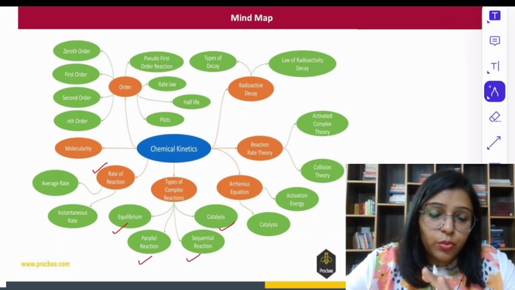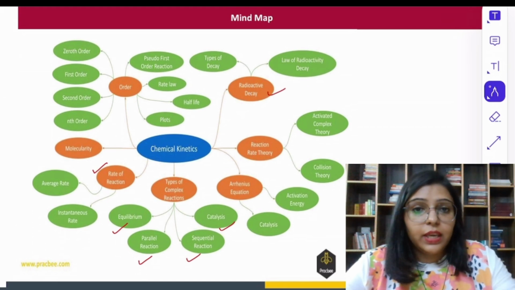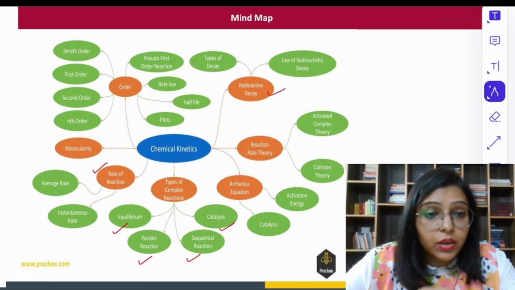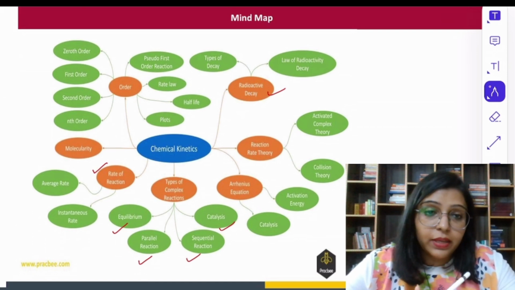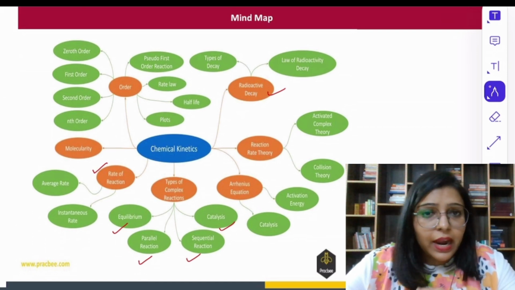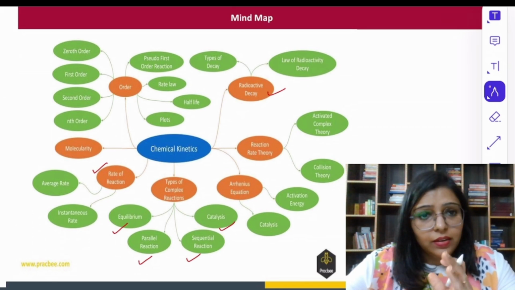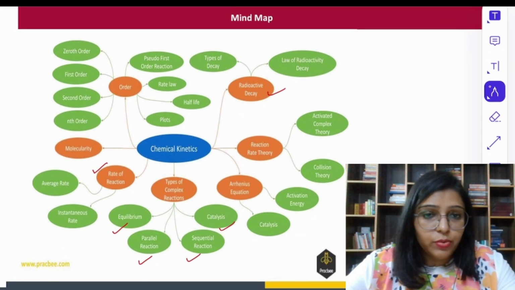So we can have questions from these topics also. Okay, the last is a radioactive decay. So in the radioactive decay, which order is applicable, which law is applicable, we have to understand that part, and then we can simply solve the radioactive decay questions with the help of the integrated rate equation.